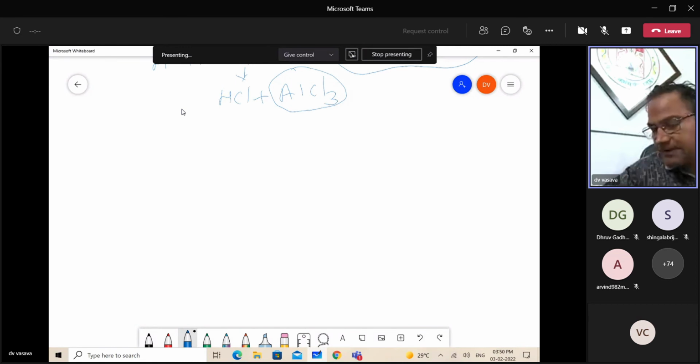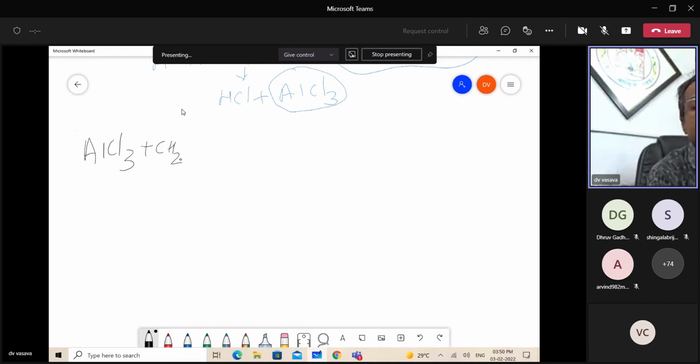First of all, AlCl3 is a solid. So AlCl3 is taken in CH2Cl2, that is MDC, the solvent, and in the same container you can take the benzoyl chloride.